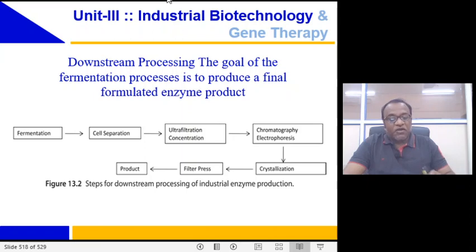However, lowest unit production cost could also be an added driving force, because the fermentation process to produce a final formulated enzyme product includes many post fermentation unit operations, such as separation of the biomass, filtration, concentration, chromatographic separations, electrophoretic analysis for purity, then crystallization, and then you end up with the formulated product.